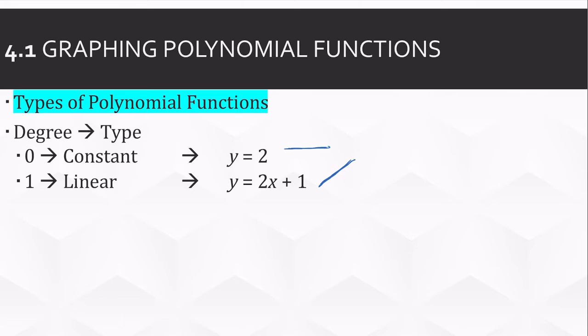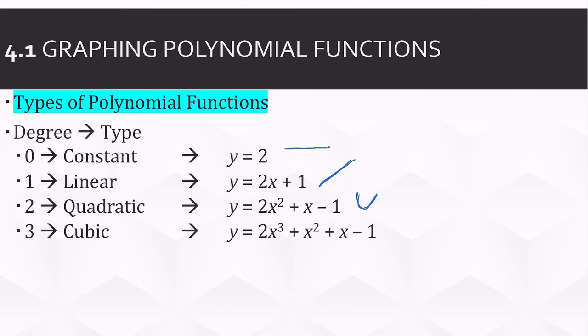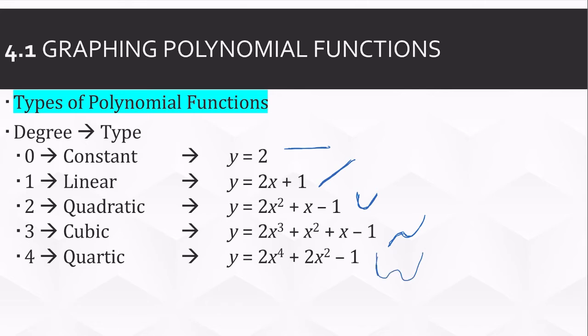If the degree is 2, it's quadratic, which graphs a parabola. If the degree is 3, it's cubic, and graphs look something like that. And if the degree is 4, it is quartic, which can look something like a W.